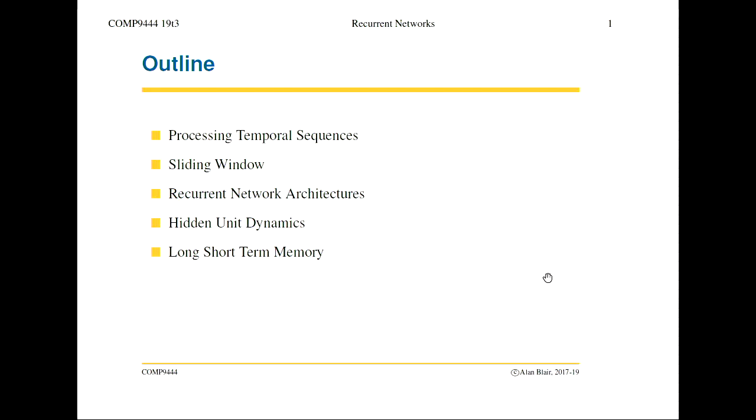Well, I see what you're saying. It's not drawn here, but actually you would put an output layer. This is the hidden units, and then you probably put a linear layer on top with a softmax to do the prediction.